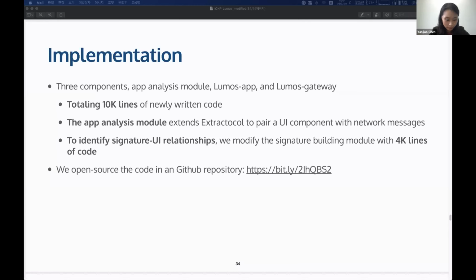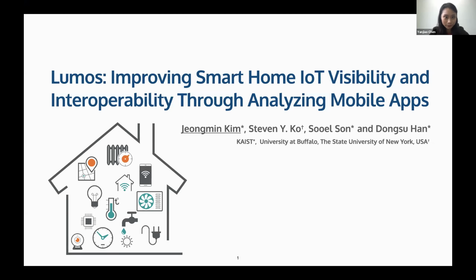Today he will give us a presentation of Lumos, improving smart home IoT visibility and interoperability through analyzing mobile apps. Hi, Jeongmin. I don't think this is the first page of the PPT. Oh, okay, sure.